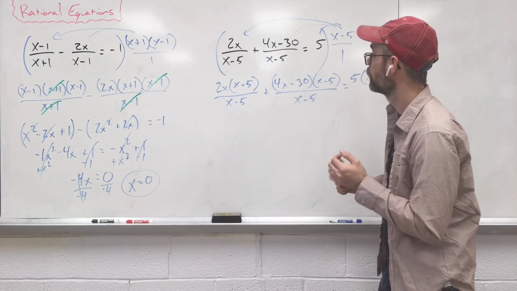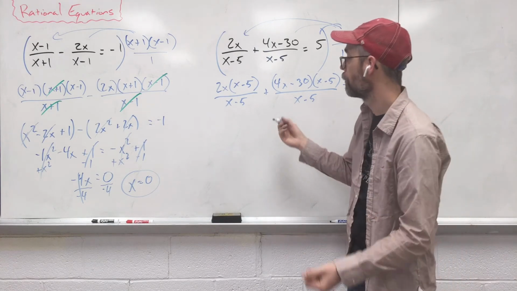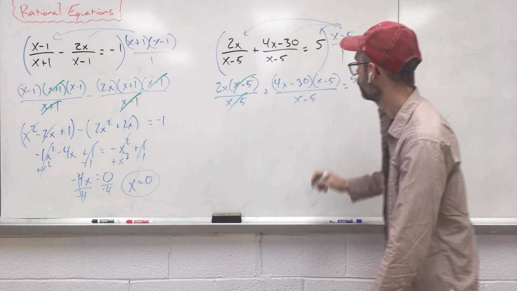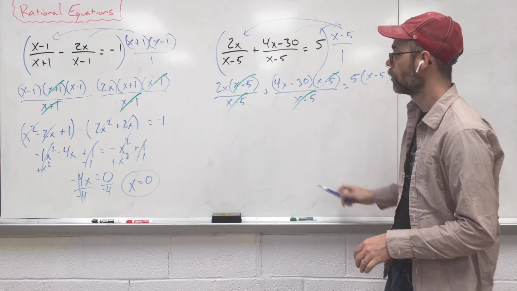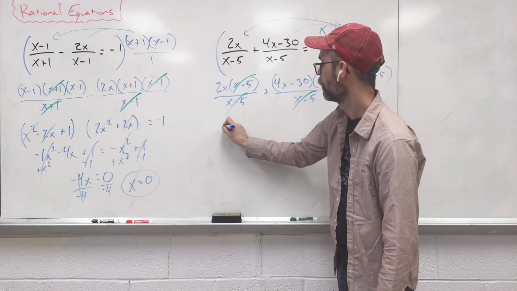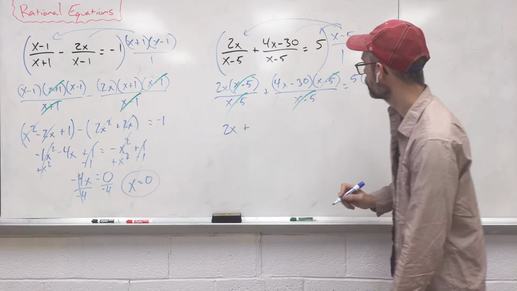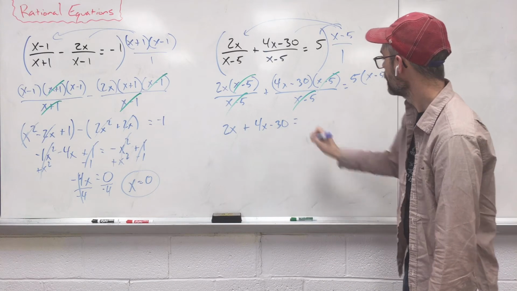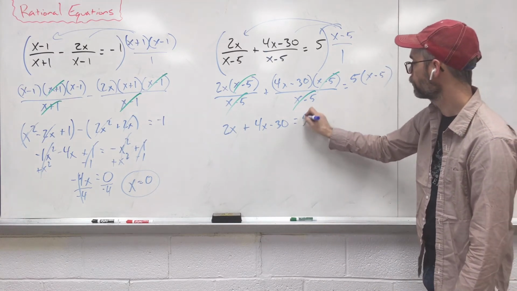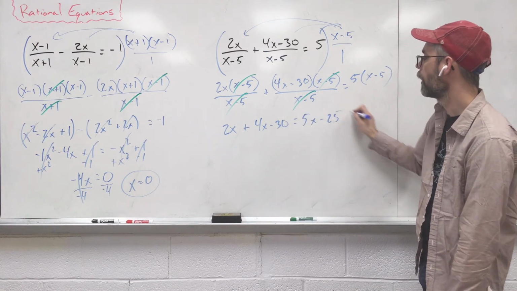Now the fun part, well, just distribute. We're not doing the math. Now we just cancel. Our fractions are gone. We are now left with 2x plus that group, so 4x minus 30 equals, do a little math here, so 5x minus 25.